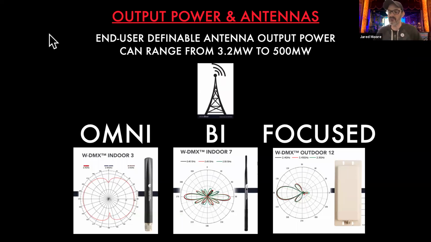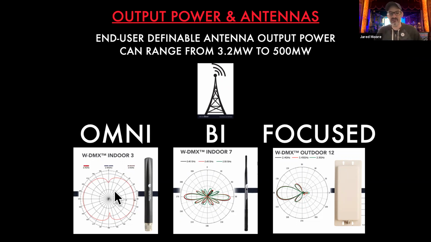It's all typically shipped with omnidirectional antennas, and you can see the radiation pattern down here. Think about the entire sphere around the antenna, radiating in all directions.